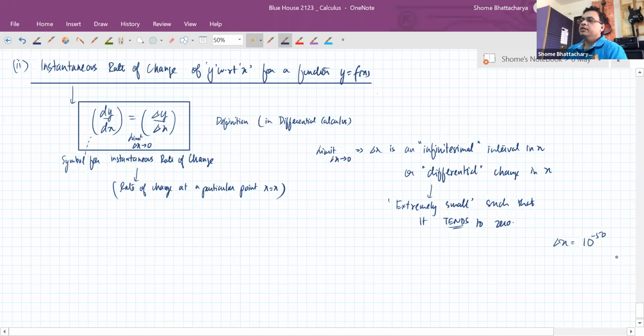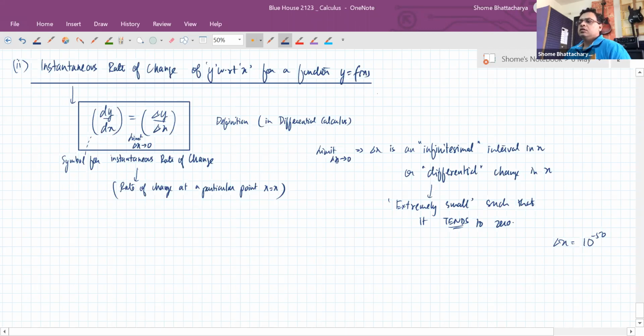And then make it even smaller. Take 1/1,000,000th of it, and take something even smaller than that, and go on doing that till you reach a number so small that you cannot imagine how small it is. It's so small that it's tending to 0. So that is the meaning of this term, that delta x is tending to 0.